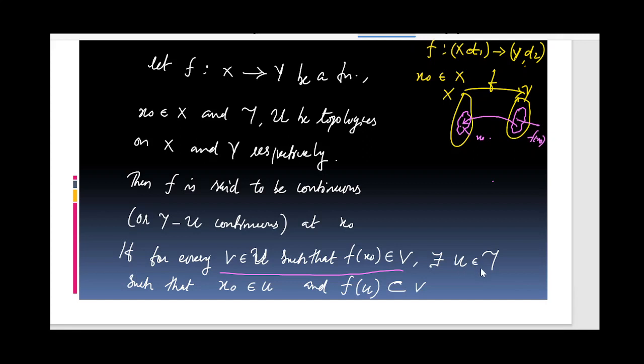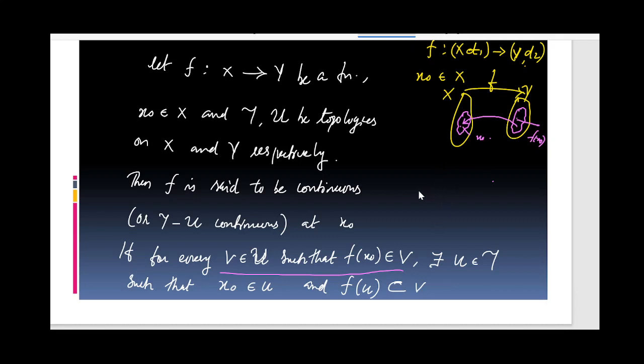So there exists an open set in X such that x naught belongs to that open set, and one more condition is that f of U is contained in the V that you took here. Your f of U should be contained inside this. So this is the definition of continuity.